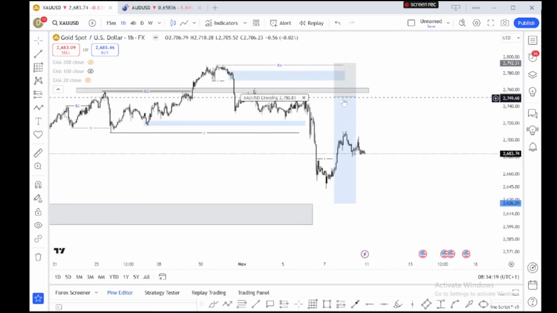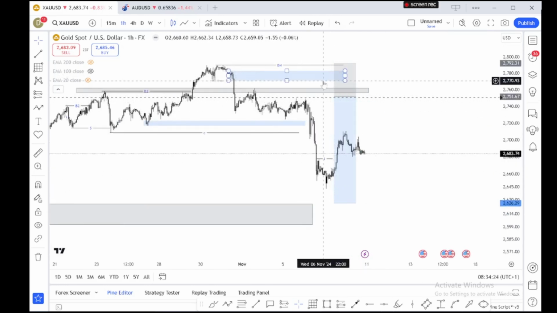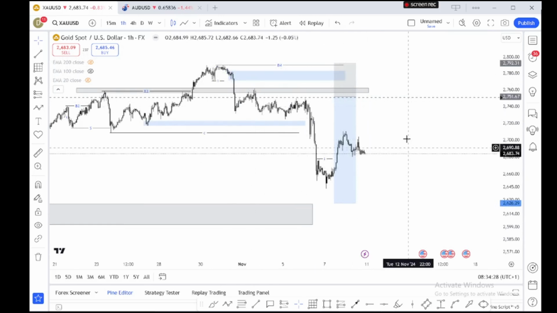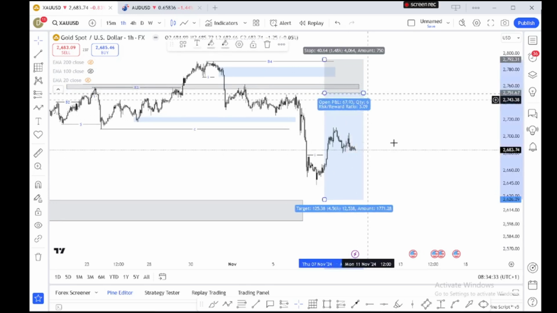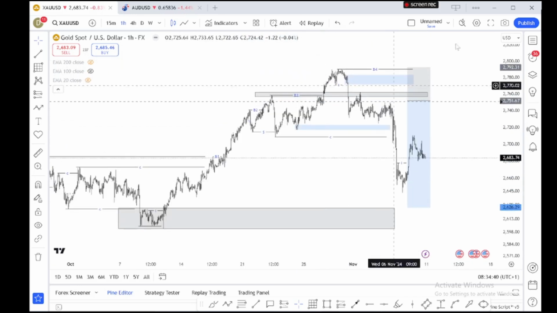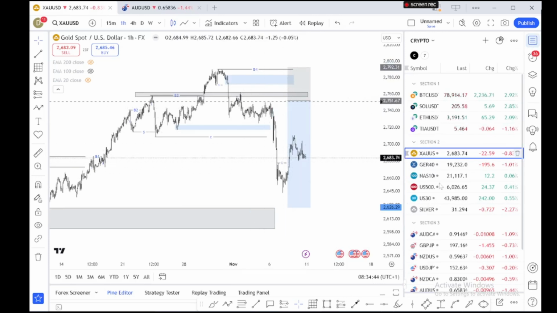Let me just enter the trade at this level, then cover my imbalance, cover my POI. What I know is this stop must be protected if the market wants to come down. That's why I had my limit order here. I don't want to miss out, but if I miss out, it's fine. This is exactly what I'm expecting on gold for next week.